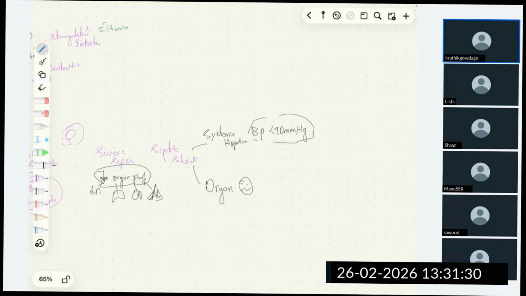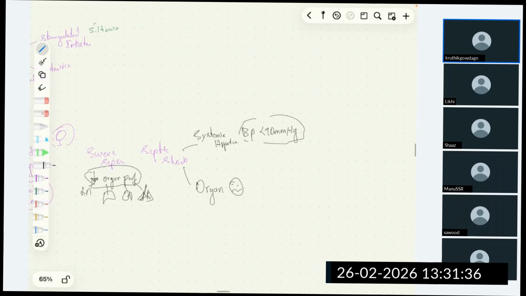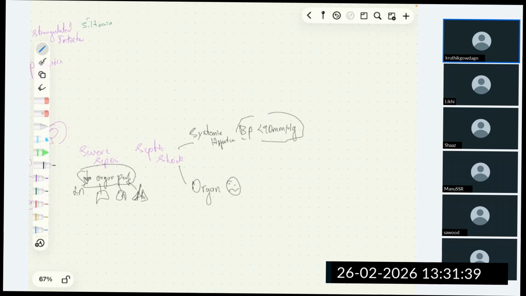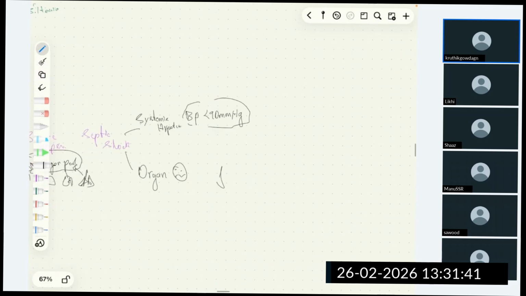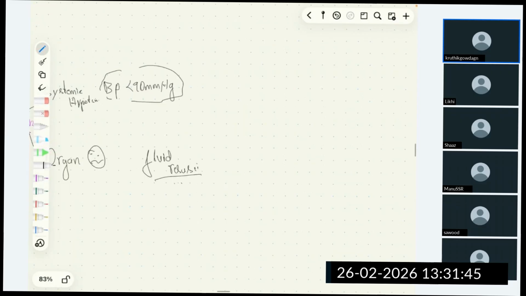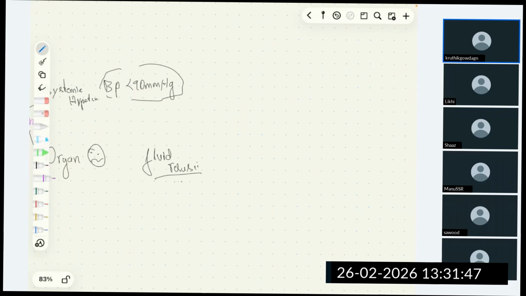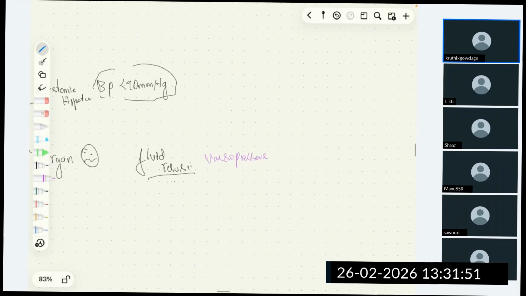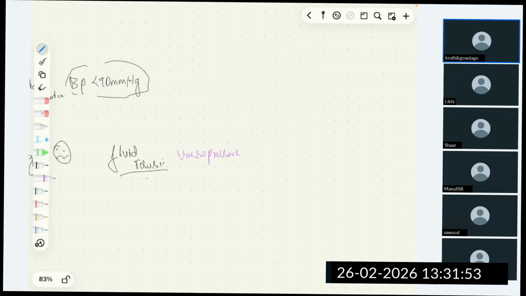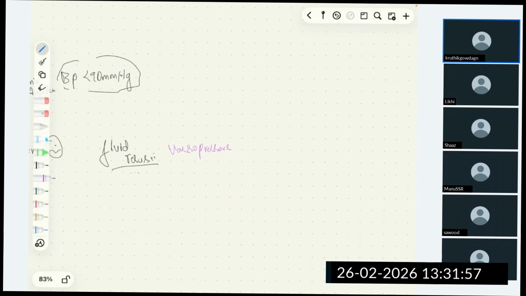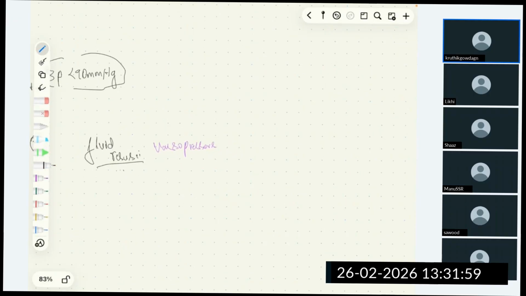There is maldistribution of fluid flow. In spite of adequate fluid resuscitation, the patient's blood pressure doesn't pick up and he needs vasopressors like epinephrine, norepinephrine, dopamine, dobutamine, and other vasopressors.